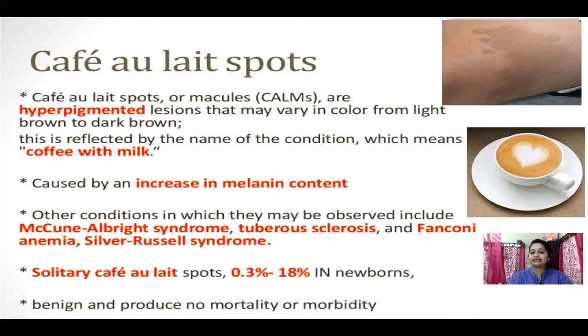We know that melanin represents the color of our skin, and here the increase in melanin content makes the café au lait spot. Moving fast, solitary café au lait spots can be seen in newborns, around 0.3% to 18%. It is usually benign and produces no mortality or morbidity.